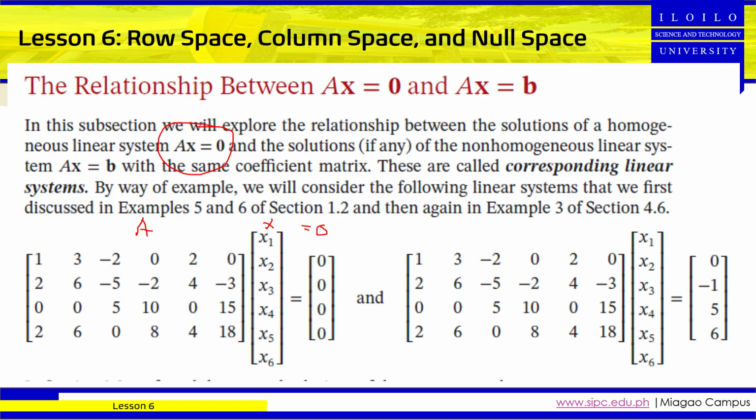And for the non-homogeneous linear system, we have the matrix A, and we have x, which is equal to b. So Ax = b is a non-homogeneous linear system.